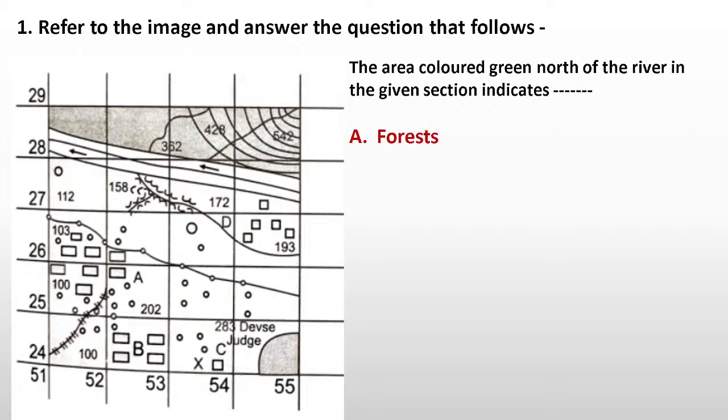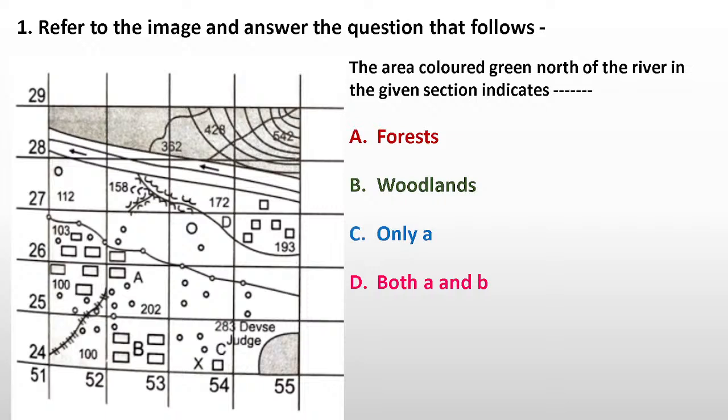And your options are A, forests, B, woodlands, C, only A, D, both A and B. Answer me for this question.